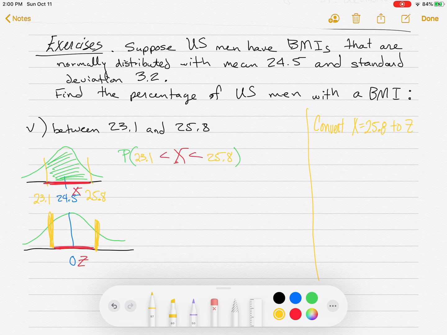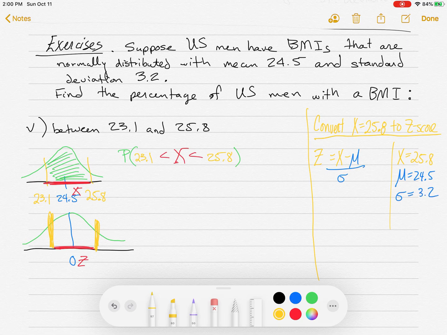Well, first we have to convert. Let's convert X equals 25.8 to a Z-score. I'm going to use my Z-score formula: Z equals X minus mu, divided by sigma.